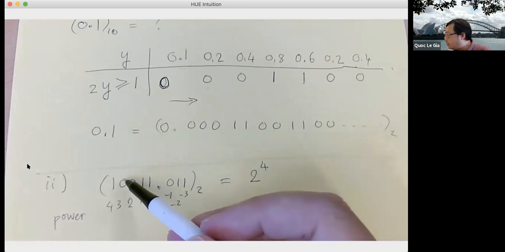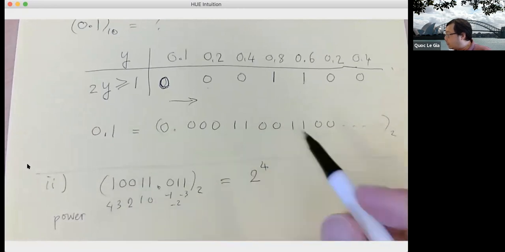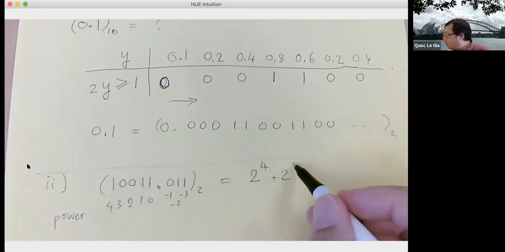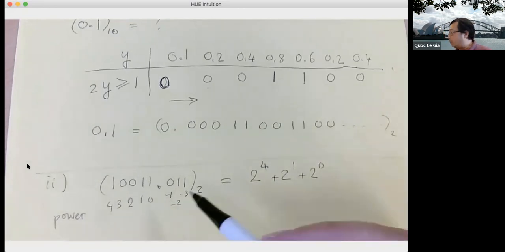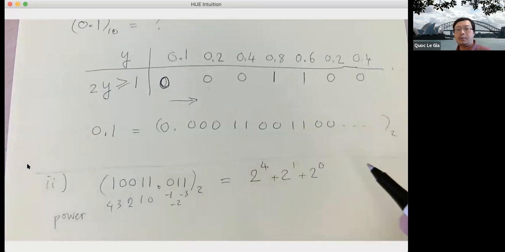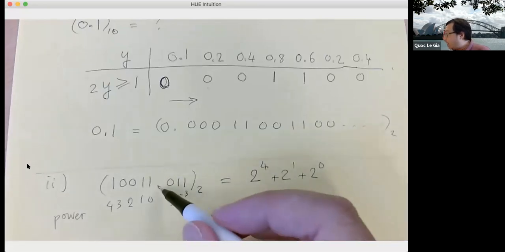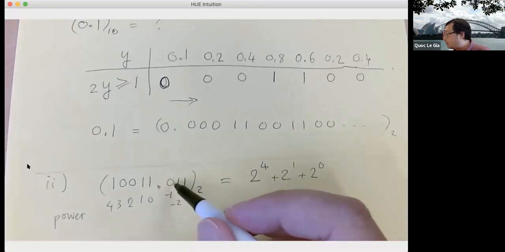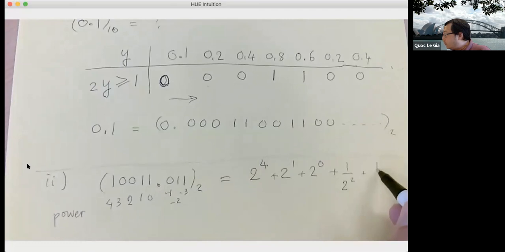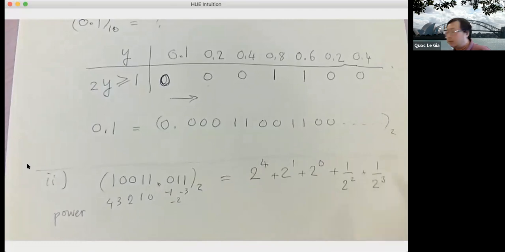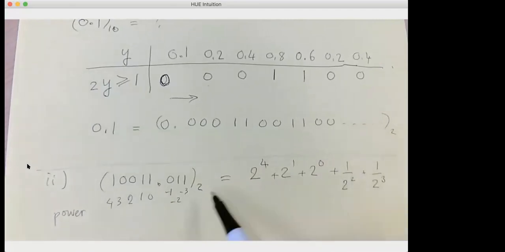So we have 0, 0 here. Then you got 2 to the 1 plus 2 to the 0. We ignore the zeros here because you multiply by 0. And now after the dot, you have 0 here, so you have 1 over 2 to the 2 plus 1 over 2 to the 3, because the power is negative 3.